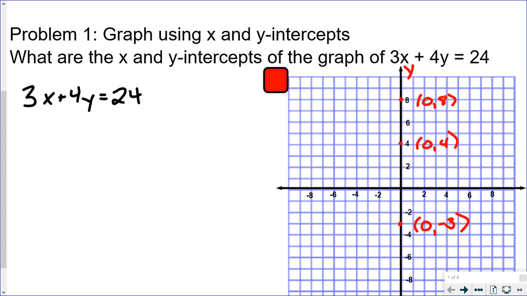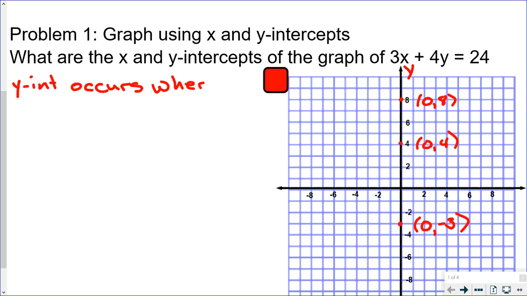Well, hopefully you're saying the x value is 0, and that is true. So I'm actually going to erase this now that I wrote that. Let me write this down, because this is an important fact that we're going to use. The y-intercept occurs where x equals 0.